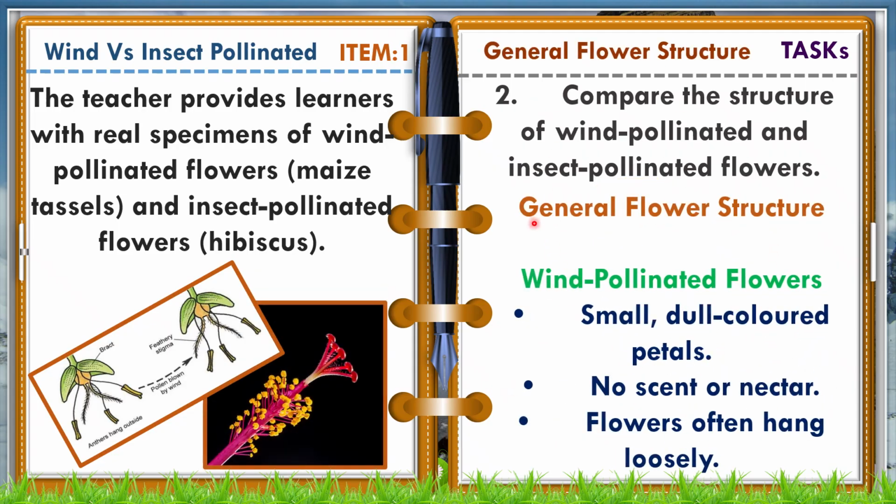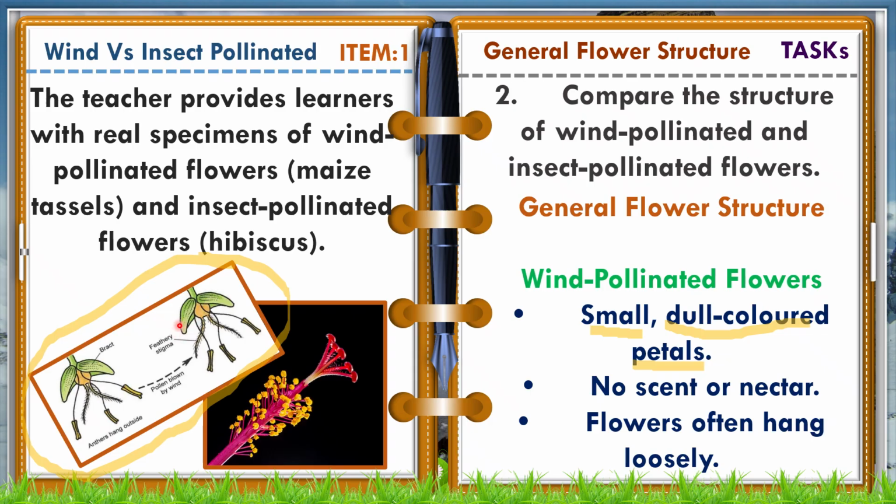Now we want to look at the general flower structure. We have gone back to wind-pollinated flowers. Now the wind-pollinated flowers, they are small. They have dull-colored petals. So if you look at the wind-pollinated flowers, their size is very small, and their petals are very dull.